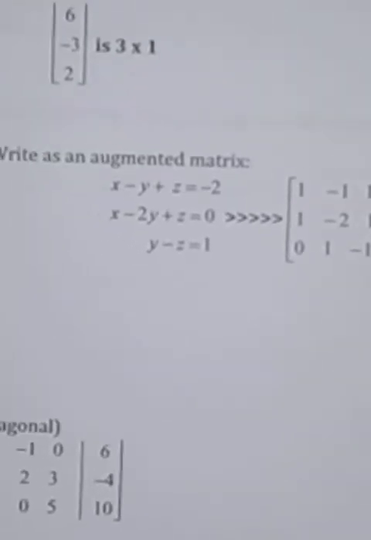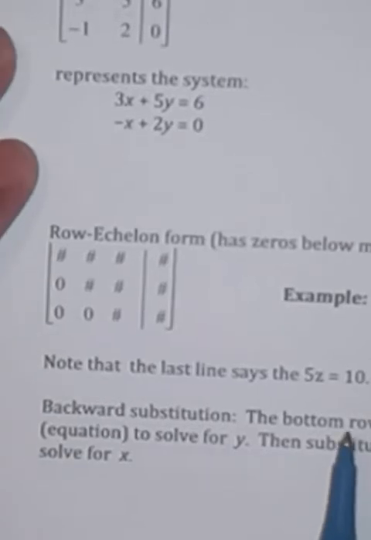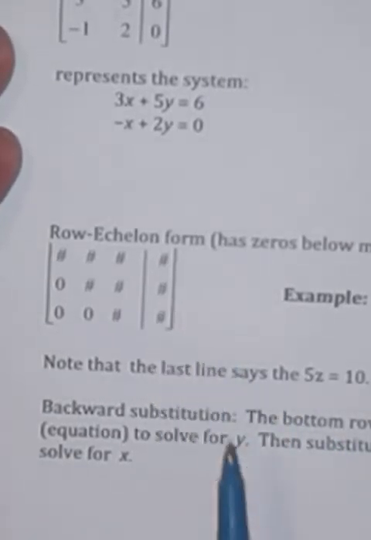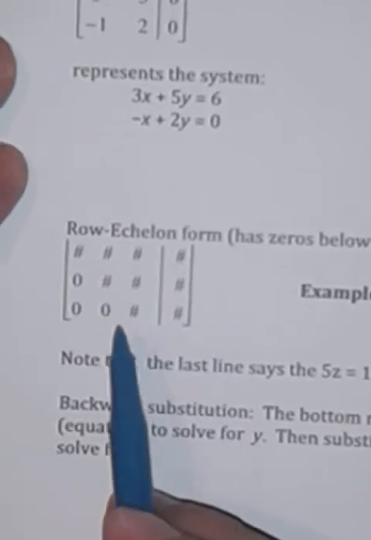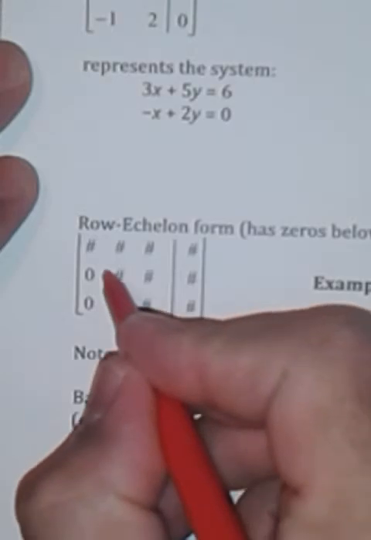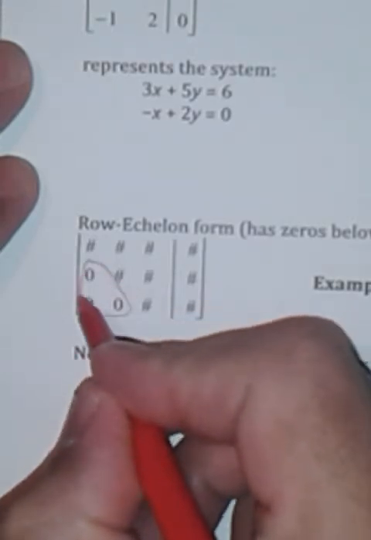Okay, now there's some very special augmented matrices. So one of them is called the row echelon form of the augmented matrix. And the row echelon form is identified by the zeros here, at this corner.